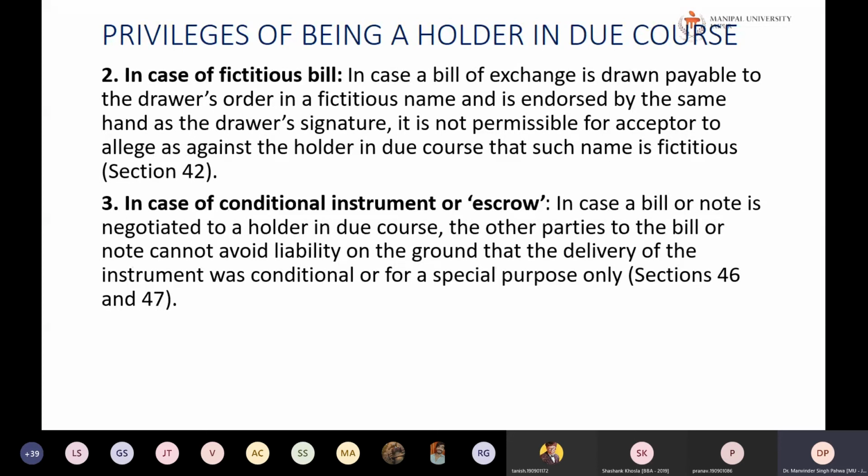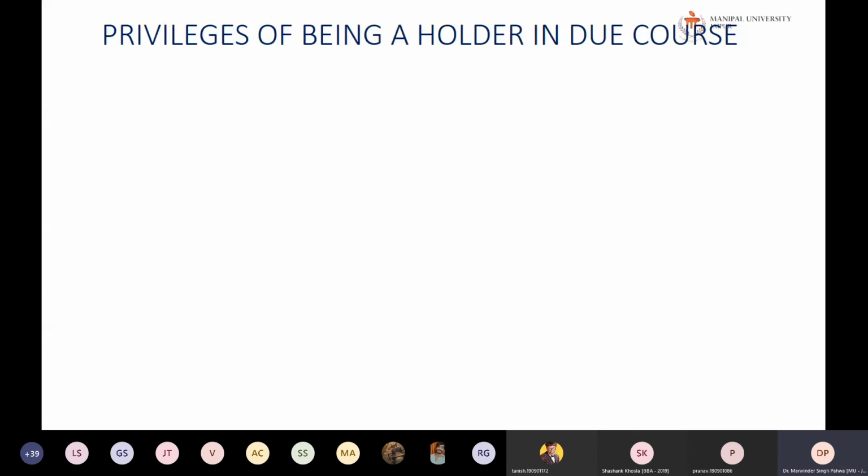For example, the money will be released only if the goods are transferred. If such instruments are provided to a holder in due course, he will have all the rights to receive the payment before it gets matured.